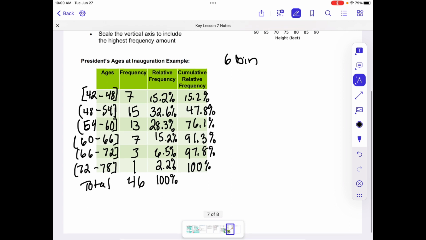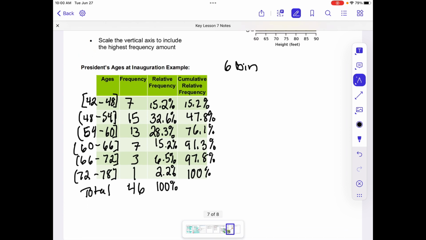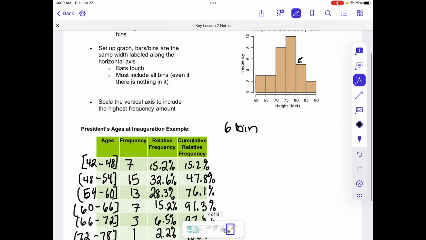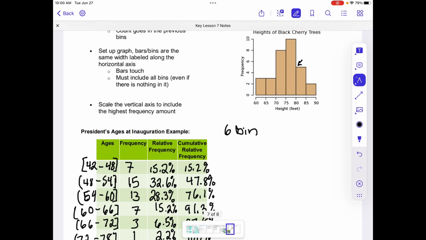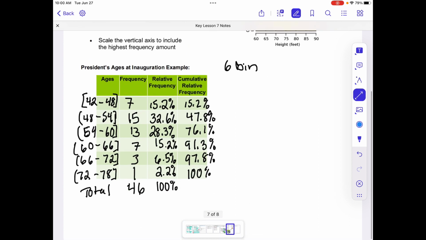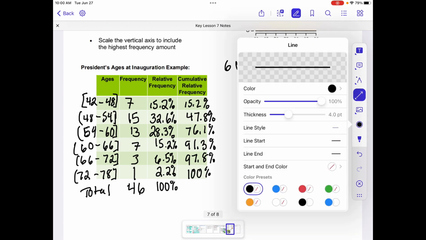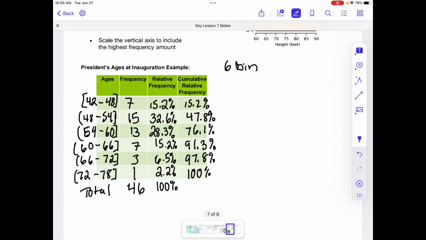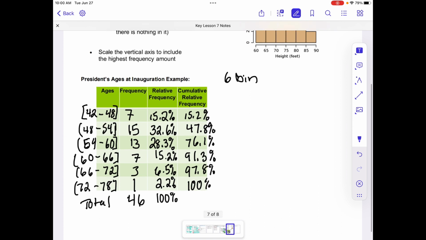Now our next step is to actually create our histogram. Just like with our bar graph, we need to set up the graph. So we're going to create our axes and we're going to label them just like we did on our previous one.